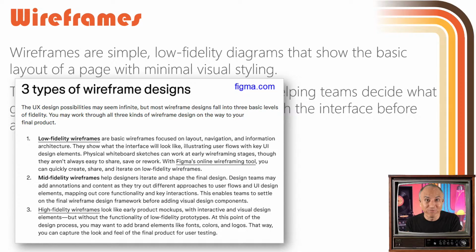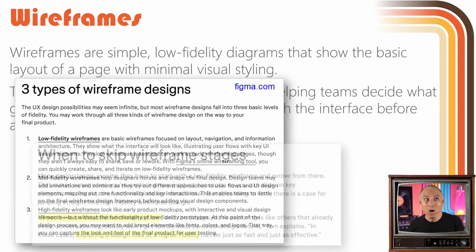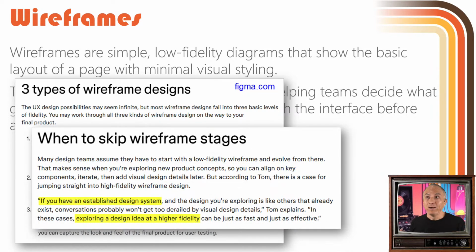We have a design framework. So we can just jump to high fidelity, I think, because we don't need to go from low, mid to high fidelity. If you have an established design system, just explore the design at a higher fidelity from the beginning.